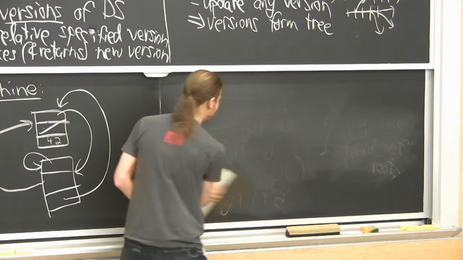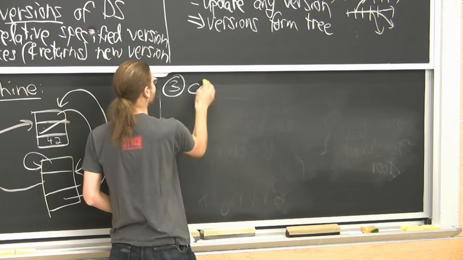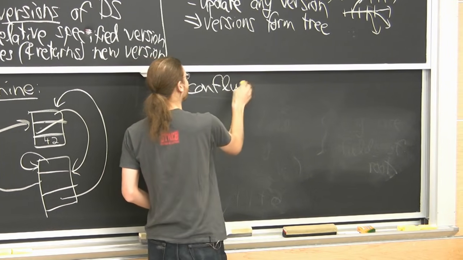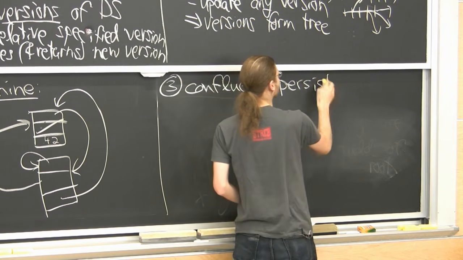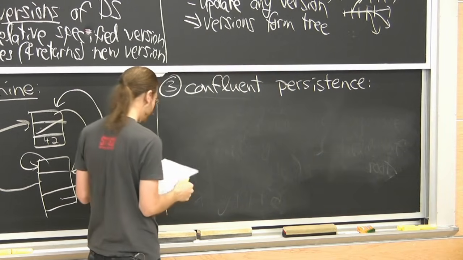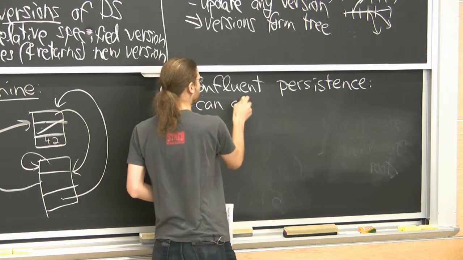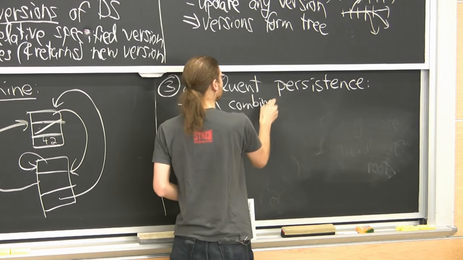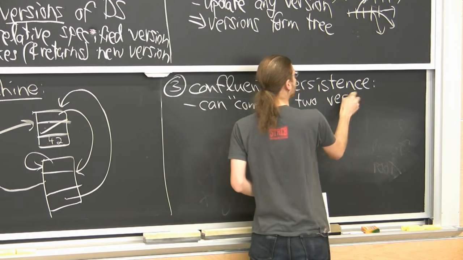If you've seen the old TV show Sliders, that would be confluent persistence. In confluent persistence, you can combine 2 versions to create a new version.